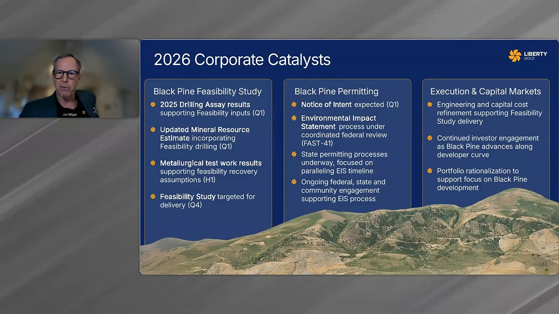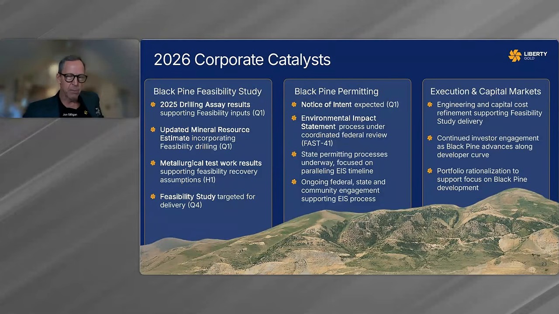Obviously, as we move through feasibility, we're going to start the capital markets piece. Conversations are already ongoing around project financing, and those will simply ramp up as we get closer and closer to our full feasibility study. So what we have here, as I mentioned to start with, is a very large, long life US oxide gold story.